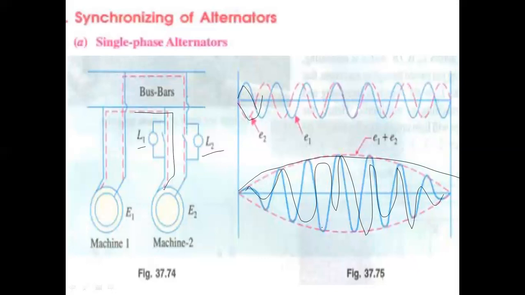Now the lamps will be dark and glowing at regular intervals alternately. The lamp will go dark and glow, dark and glow: off, on, off, on. When the darkness is there, it indicates that the two voltages E1 and E2 are in exact phase opposition to the load circuit, so there will be no resultant current through the lamps.